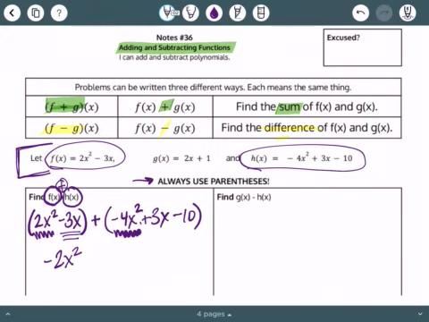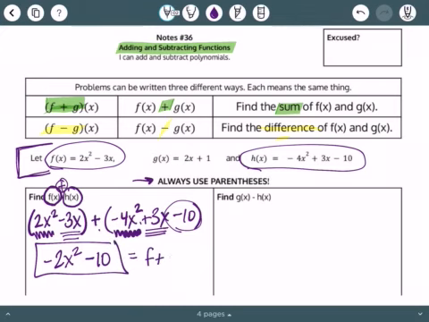I have x's, a negative 3 plus a positive 3 will actually cancel. And then I have plus a negative 10 by itself. So I have that negative 10 right there. So I could say that this is equal to f plus g of x. Right? Remember that this is telling me I'm adding f and g together, and that x is my variable.